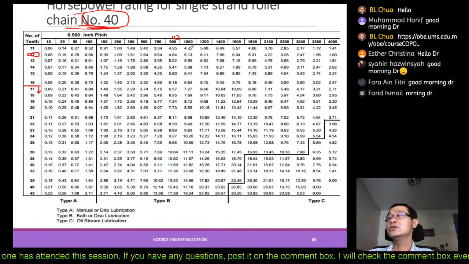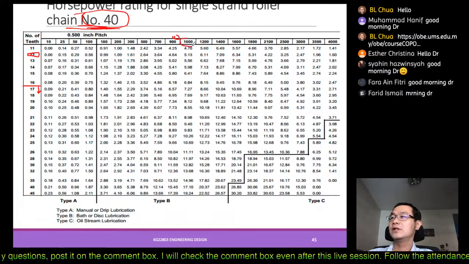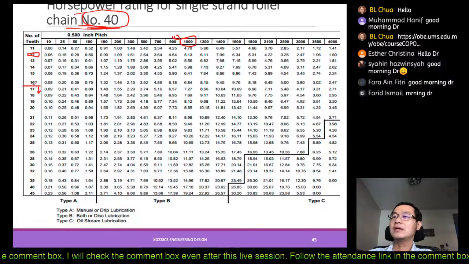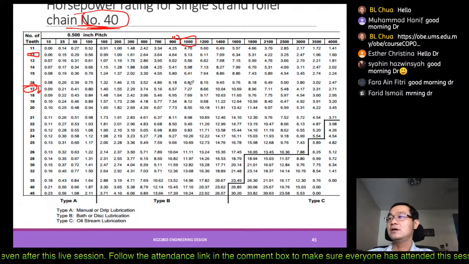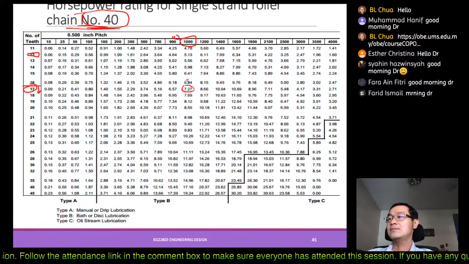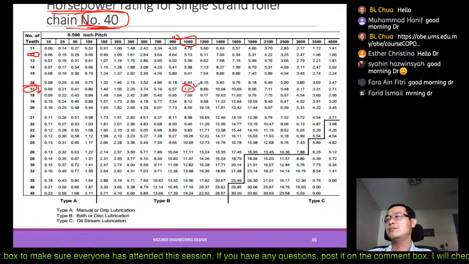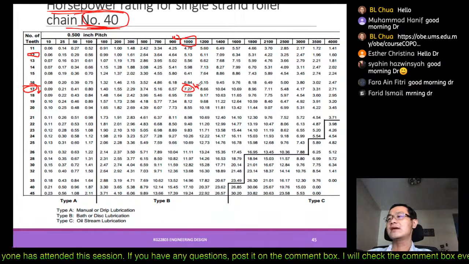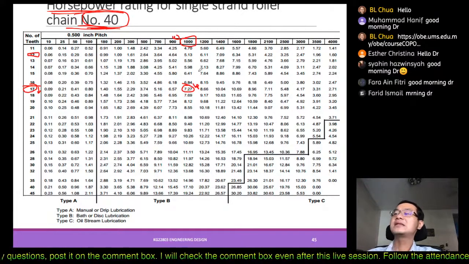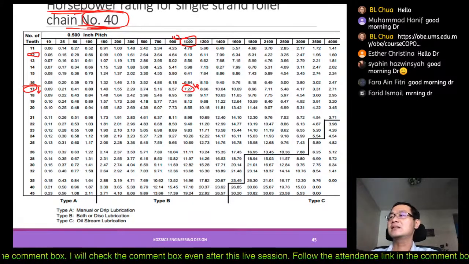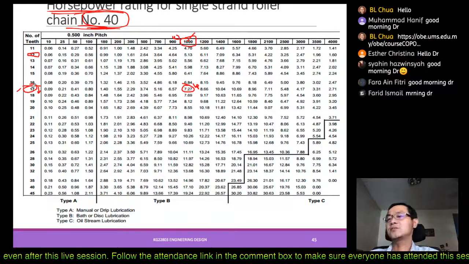If we intend to use it at 1000 RPM and select 17 teeth, it can work for a horsepower of 7.27. This is the power it can transmit at this speed and this number of sprocket teeth.